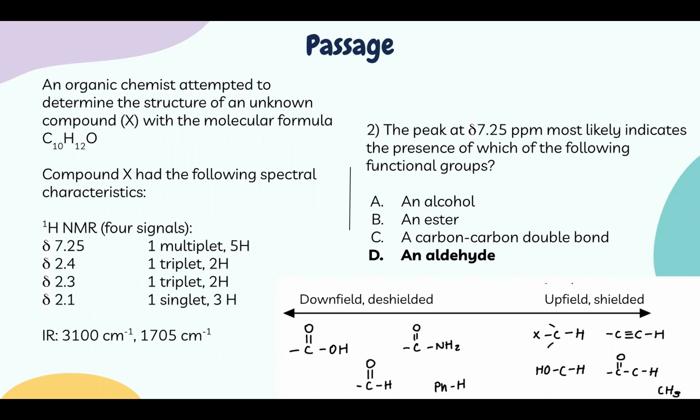Yeah, so the aldehyde causes deshielding, so you could expect 7.25. That's a pretty high number for it to be considered very deshielded. Does that make sense?